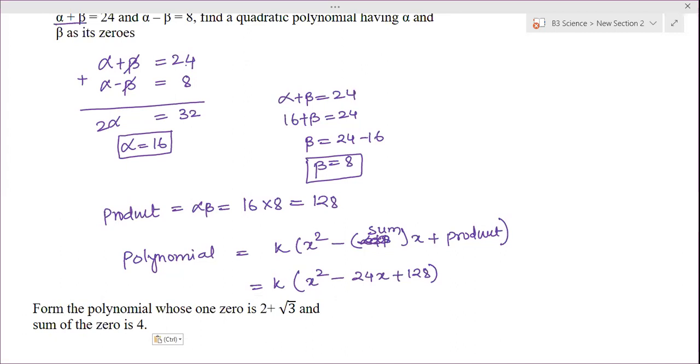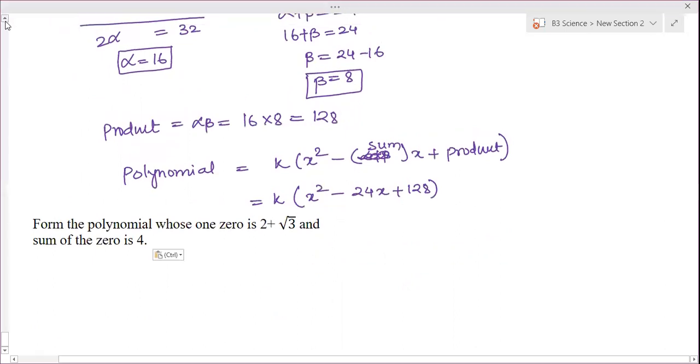Third main question. Next one, did you get the beta value?